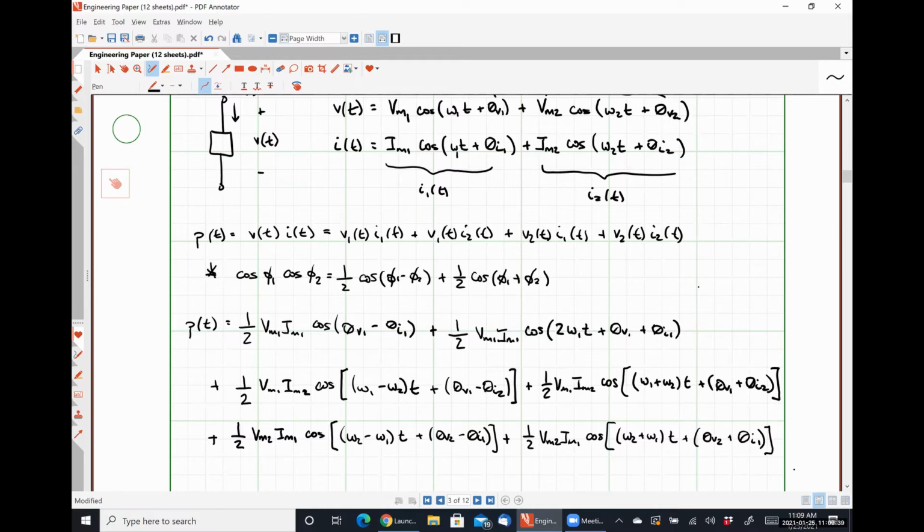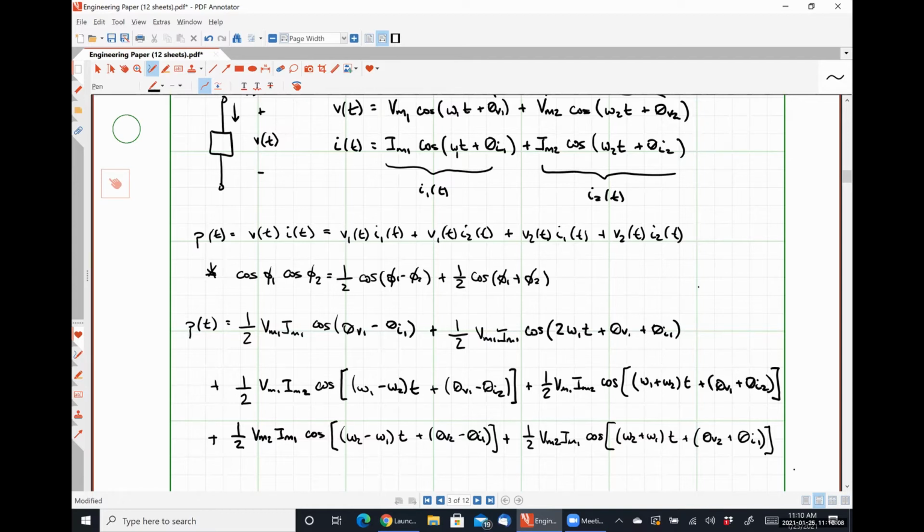So let's take a look at these guys real quick. The second term of the V2 times I1 portion and the second term of the V1 times I2 portion actually operate at the same frequency of omega 1 plus omega 2. So these two guys could be combined into a single frequency term.